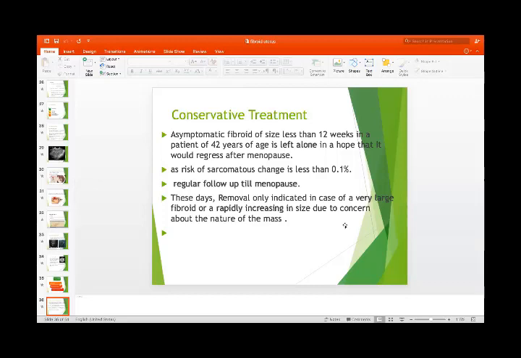And if the patient is above 40, approaching menopause, they can be left as such because after menopause they will regress. Removal is only indicated if it increases in size or becomes symptomatic, then we have to do treatment.